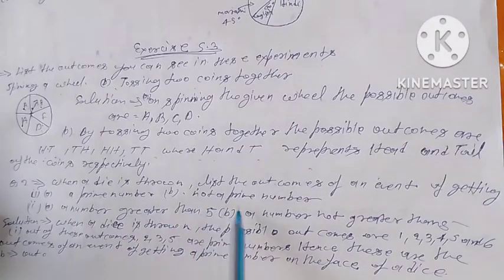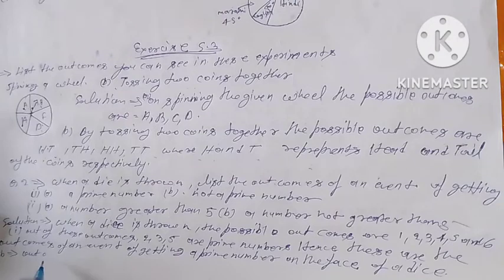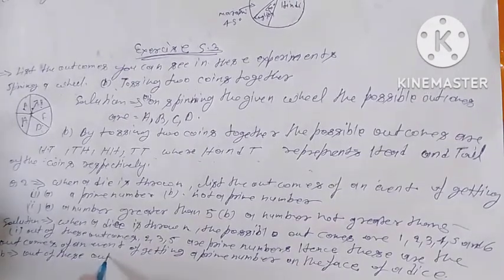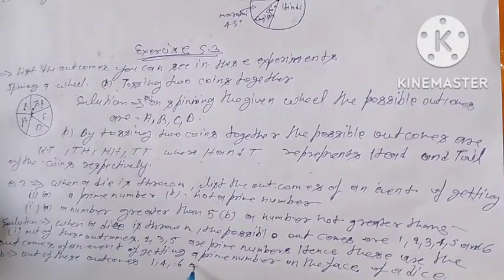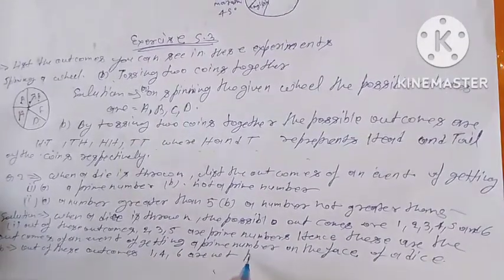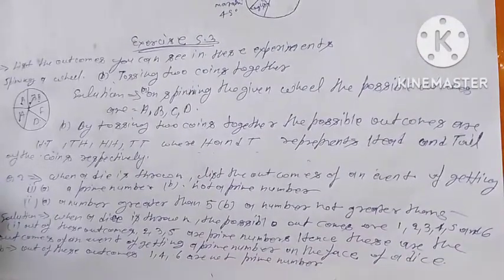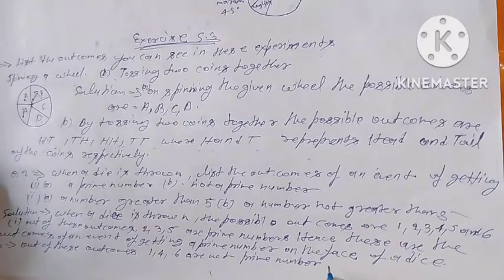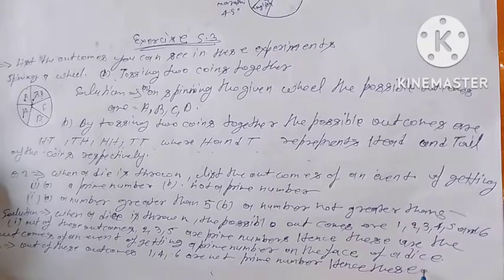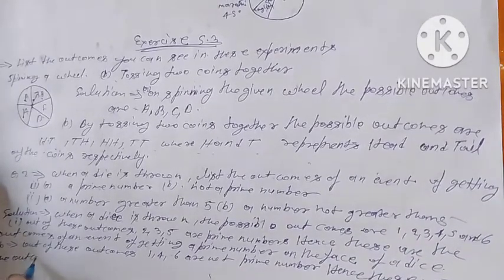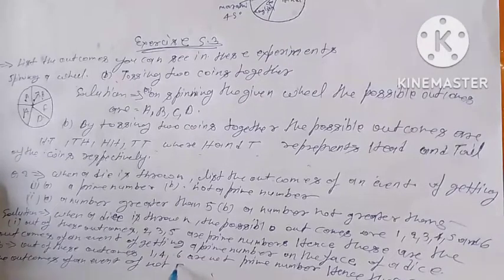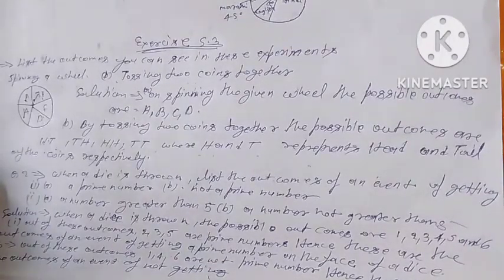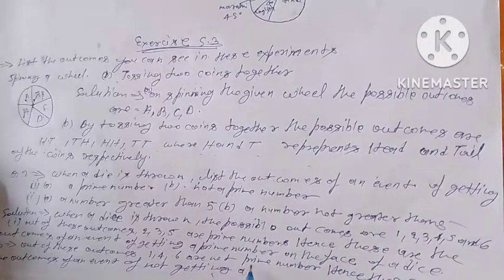B question. The second question is not a prime number. Out of these outcomes, 1, 4, 6 are not prime numbers. Hence these are the outcomes of an event of not getting a prime number on the face of a dice.